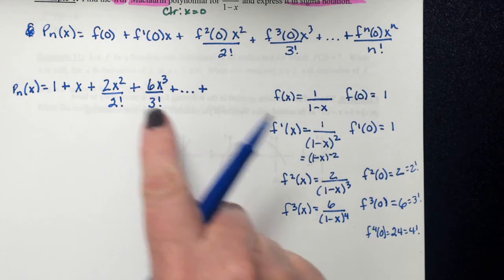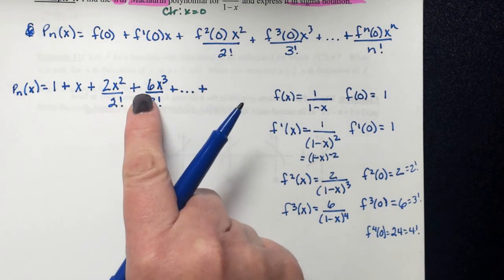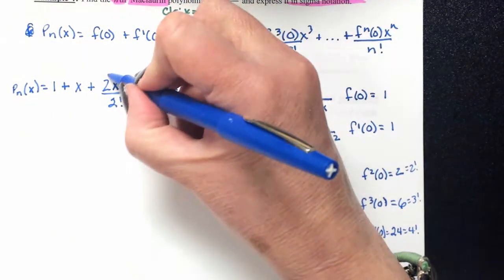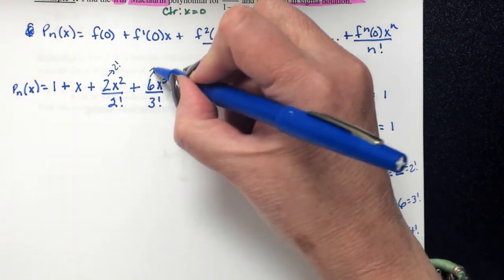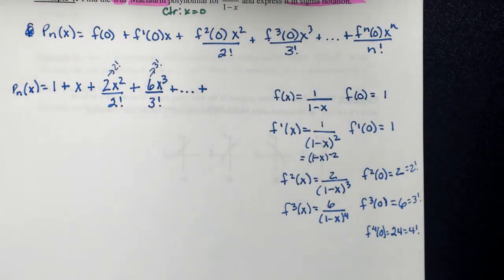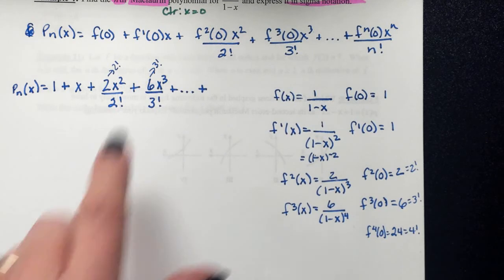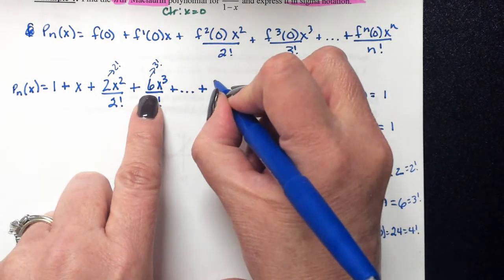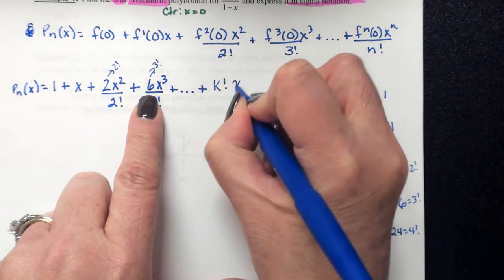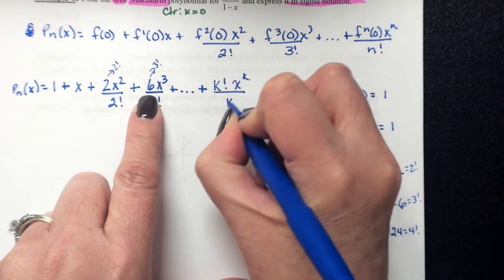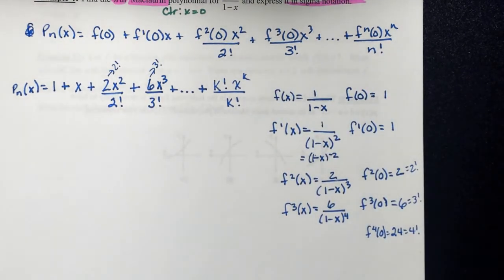So notice what's happening with the coefficients in this particular Maclaurin polynomial. This is 2 factorial, this is 3 factorial. So then when I go to write my general term, I know it's going to be k factorial times x to the k all over k factorial. Or you could use n. I just used a k there. I don't know why, but I should have used an n.